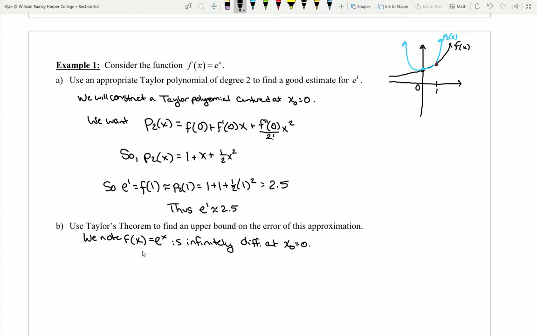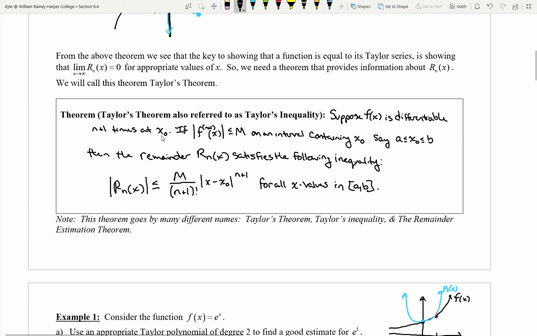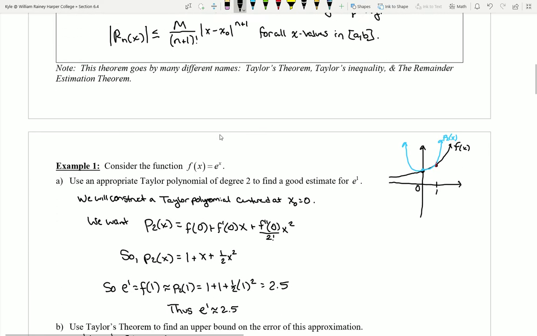It's not just good enough that I note that this is infinitely differentiable at x equals 0, because now I have another condition. I need to guarantee that when I'm working on a specific interval containing x0, I'm able to find a value of capital M that satisfies this inequality. So here's what I'm going to do.